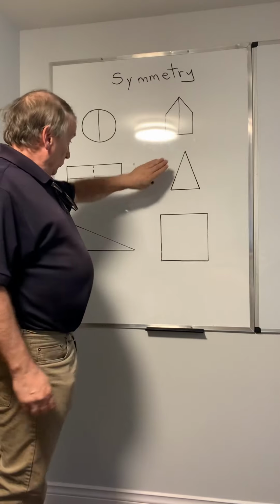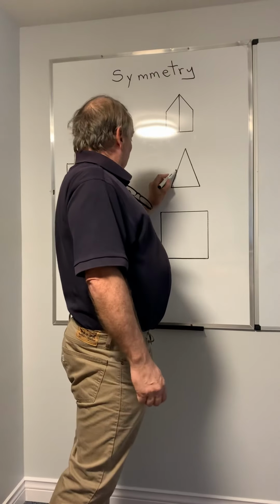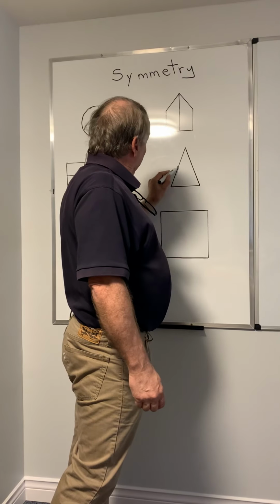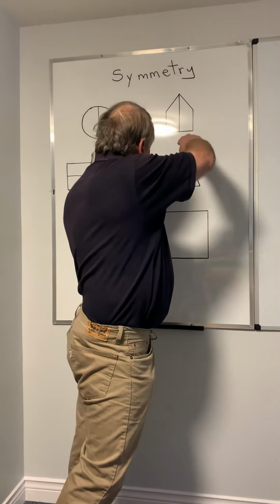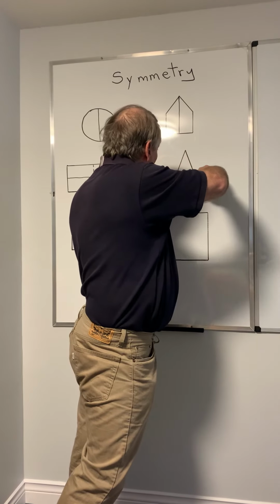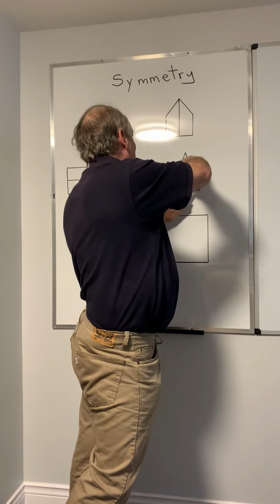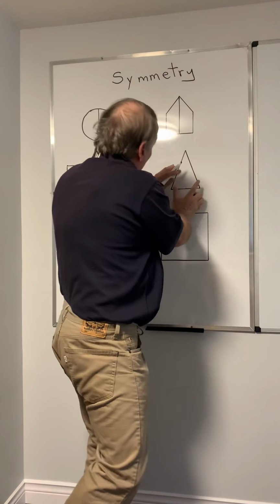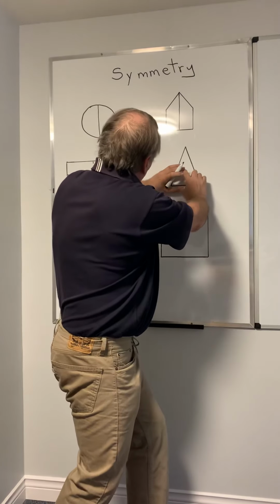Now, we'll look at this triangle here. Can I take this and cut it across here? No, because this triangle, if I put it there, look how long that triangle would go way down to here. And this one would be a short and kind of fatter one down in the bottom.